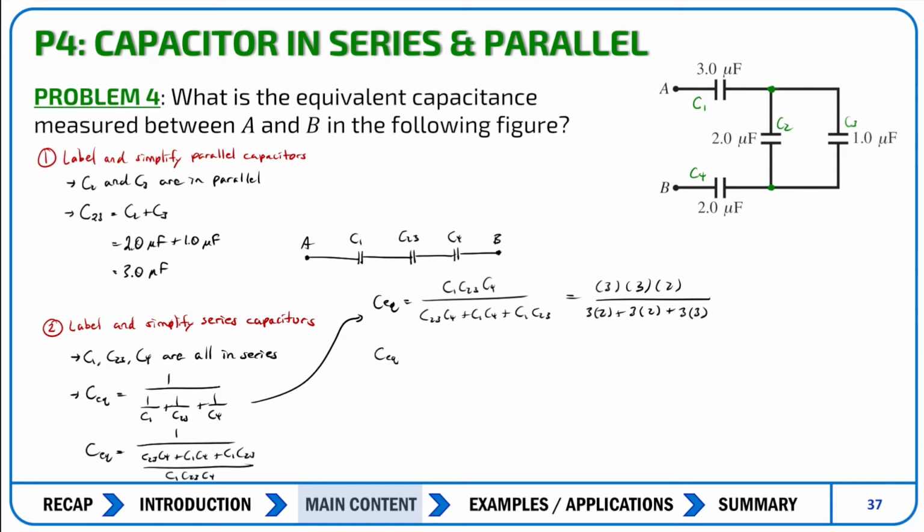And so CEQ is going to give us 18.0 over 21.0 microfarads, and CEQ is going to be equal to 0.857 microfarads. So that is the answer to the question. And as you can see, for each of these, just make sure you break down the steps that you've used to achieve the equivalent capacitance.